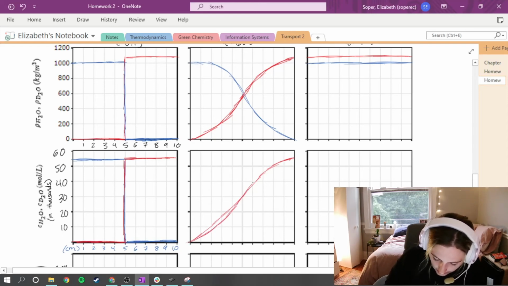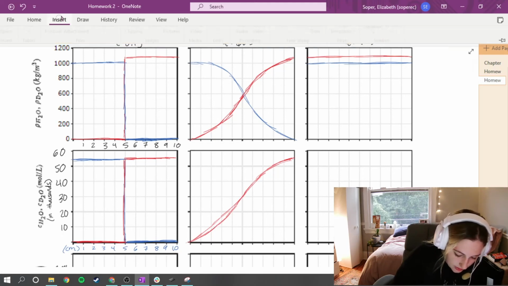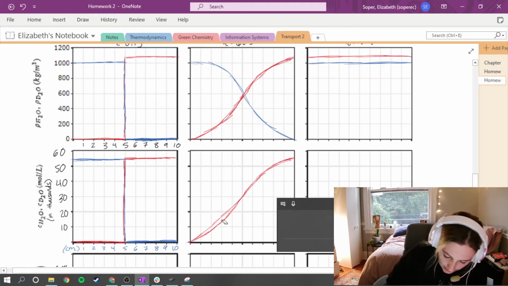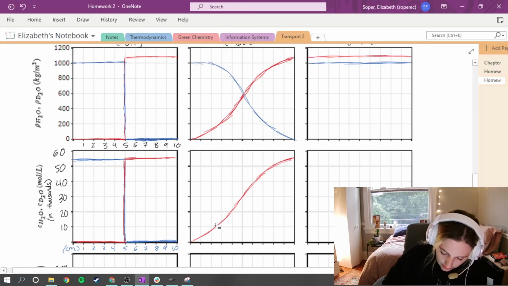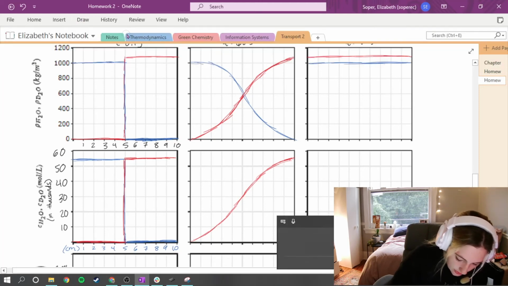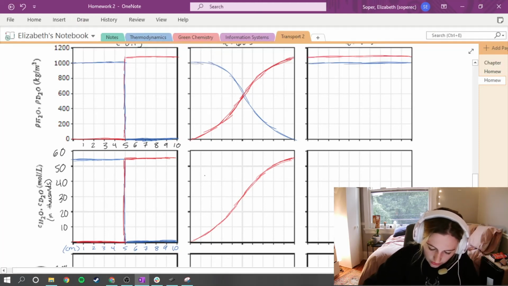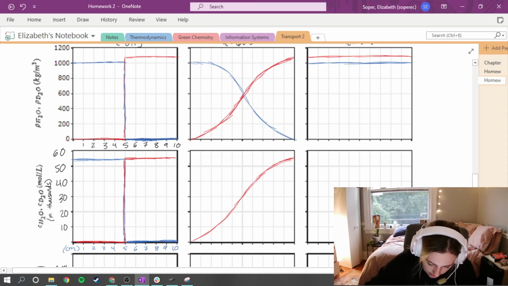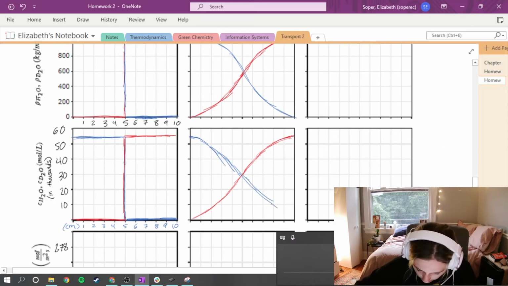Sorry, this is not very curved. Maybe I can erase this line I didn't mean to make. There we go. So that's for the D2O. Same reasoning as the intermediate graph for the mass concentration. But now we have it at starting... sorry, my drawing skills are not the best.